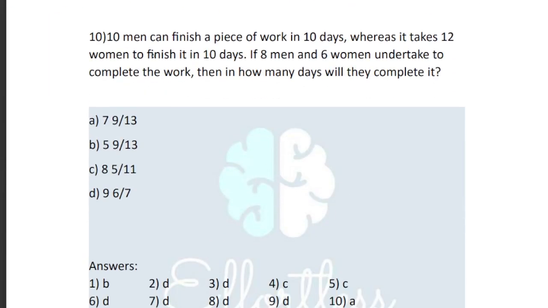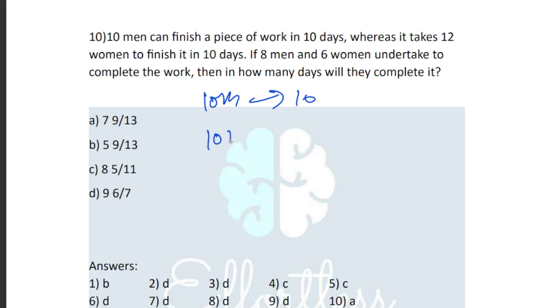Again, 10 men can finish a piece of work in 10 days, whereas it takes 12 women to finish in 10 days. If 8 men and 6 women undertake it, okay. So 10 men complete it in 10 days, whereas 12 women take 10 days. That means we can take the ratio.